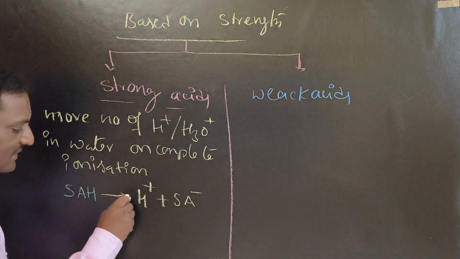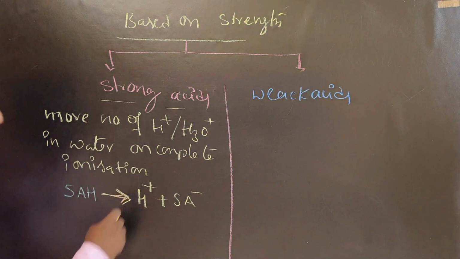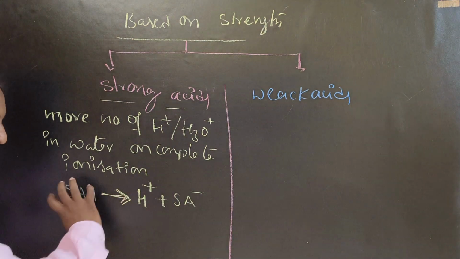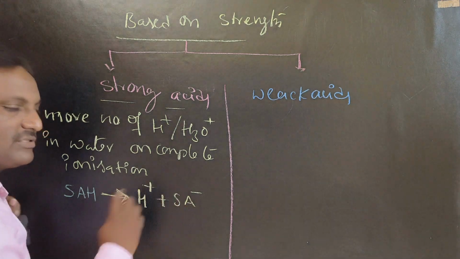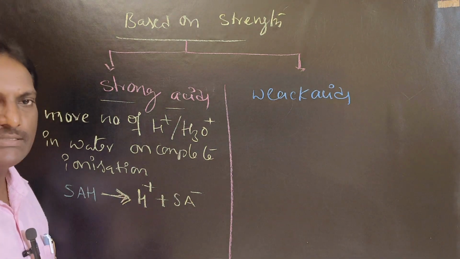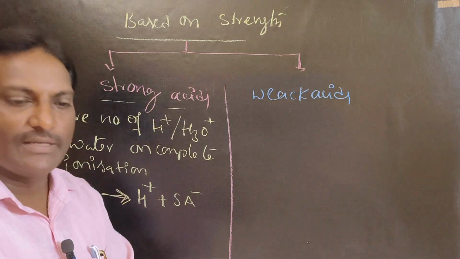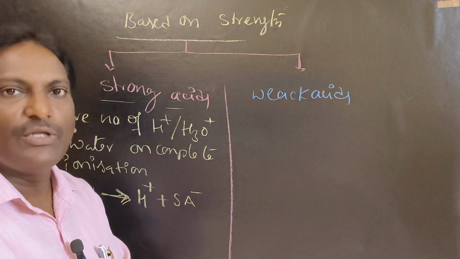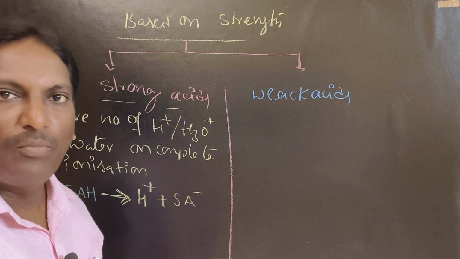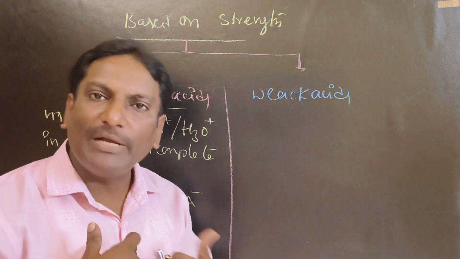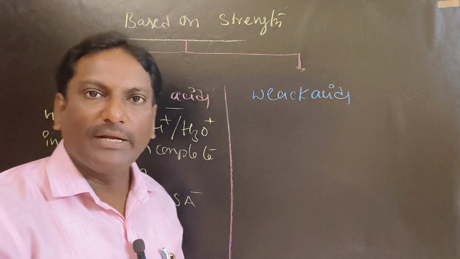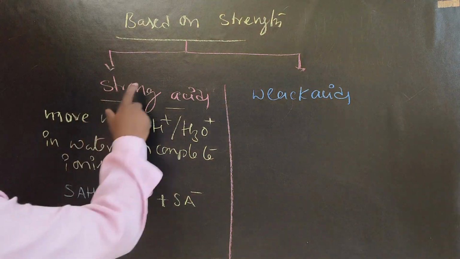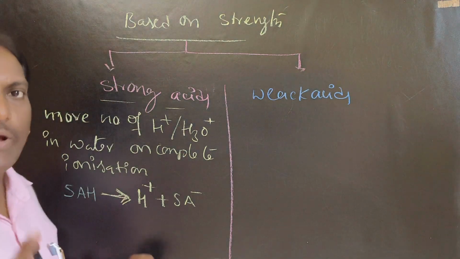It's a complete ionization, so it's an irreversible reaction. This acid completely ionizes in water and produces charged particles, but these charged ions won't come back. They won't combine and give the molecule back. So that means completely ionized, completely dissociated, completely broken down. These kinds of acids are called strong acids.